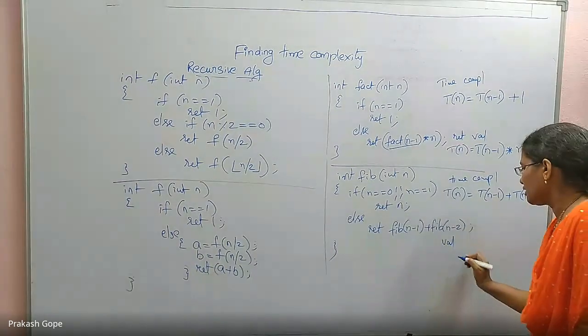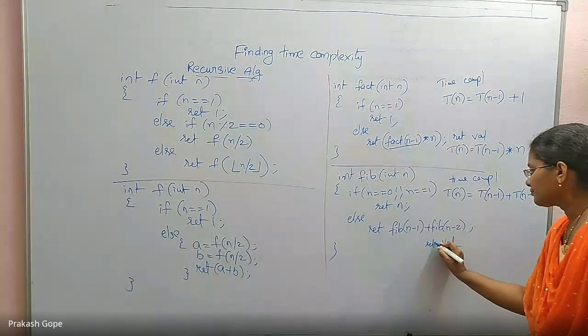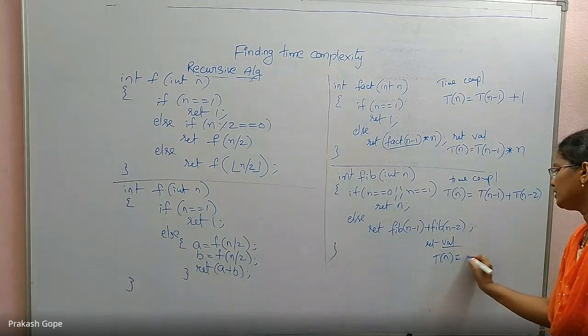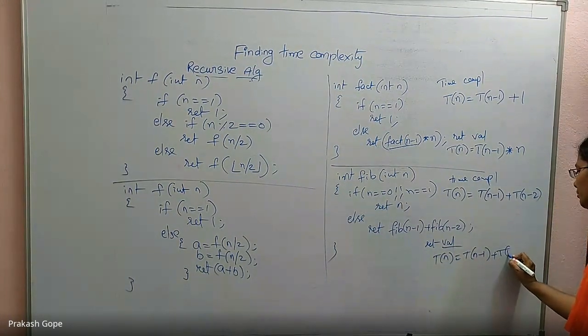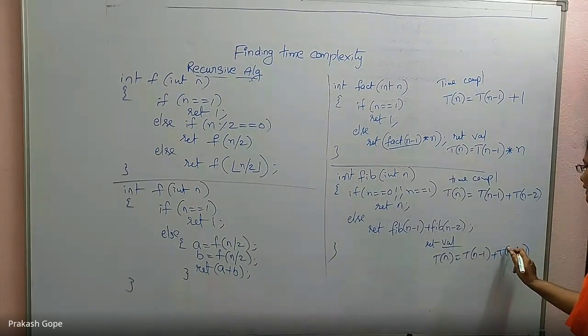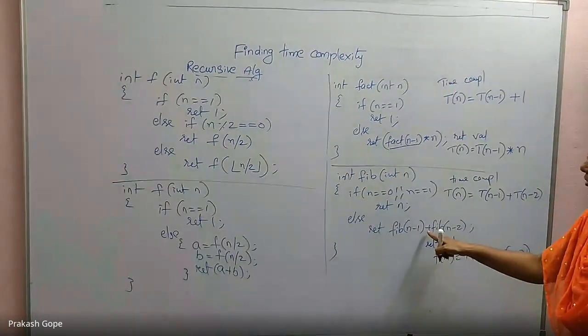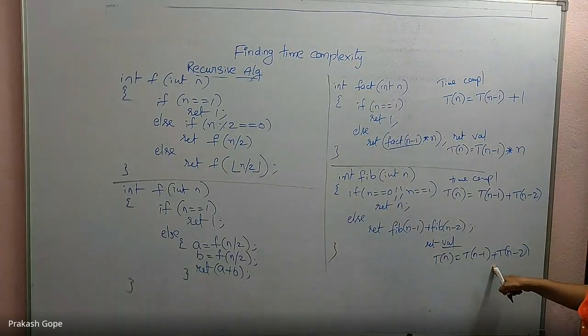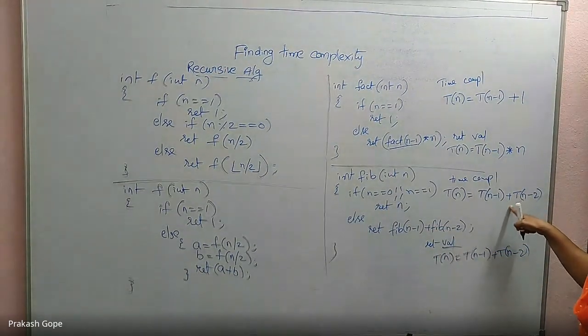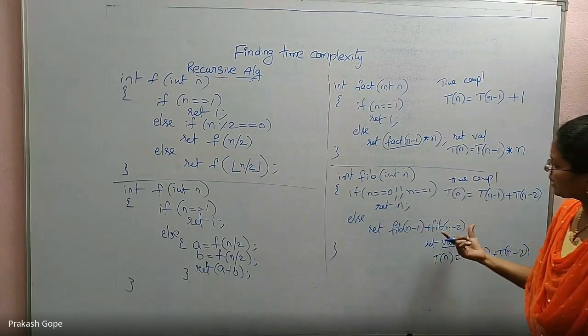The return value is also similar. The value when n is passed is the value returned by n minus 1 and the value returned by n minus 2, and those two get added because it's an addition. If it was a subtraction, I would have written minus here. But the time complexity remains the same because it is the time taken by this plus the time taken by this.